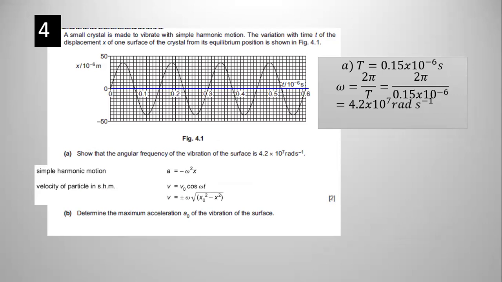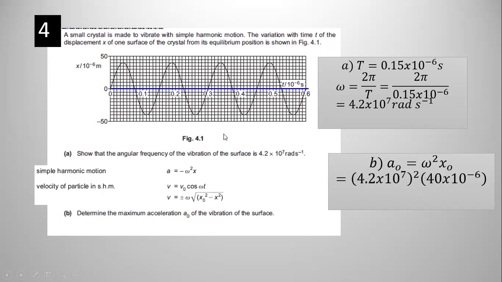Determine the maximum acceleration. We've forgotten the formula. From this formula, for maximum acceleration, maximum x is the amplitude. Read the amplitude from the graph. Omega, angular velocity, we calculate.